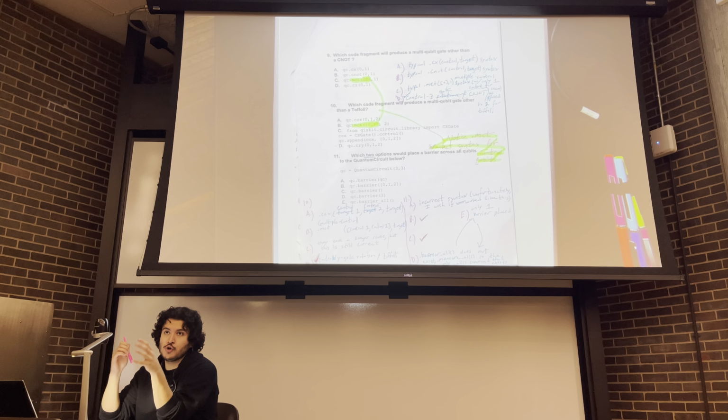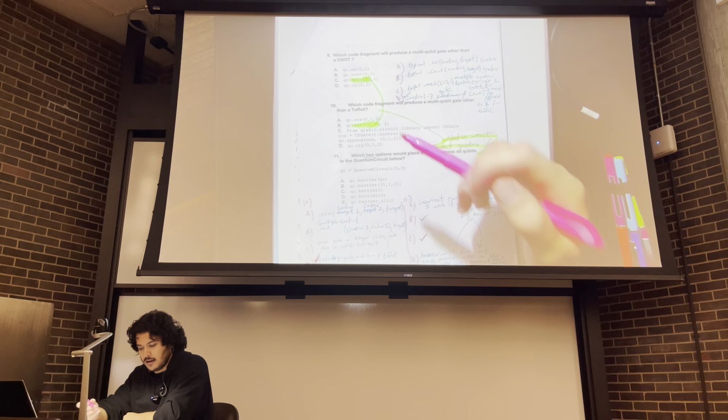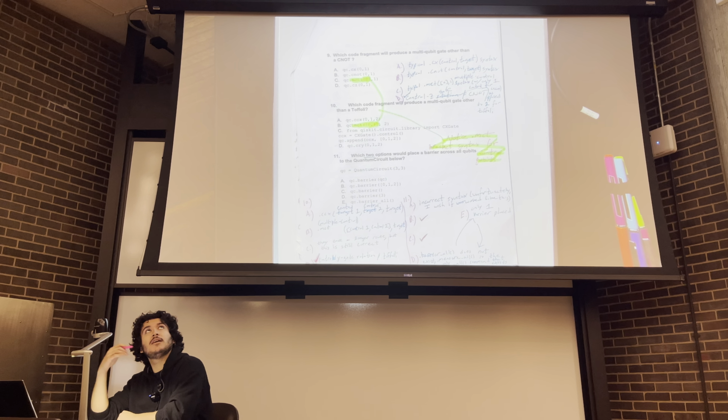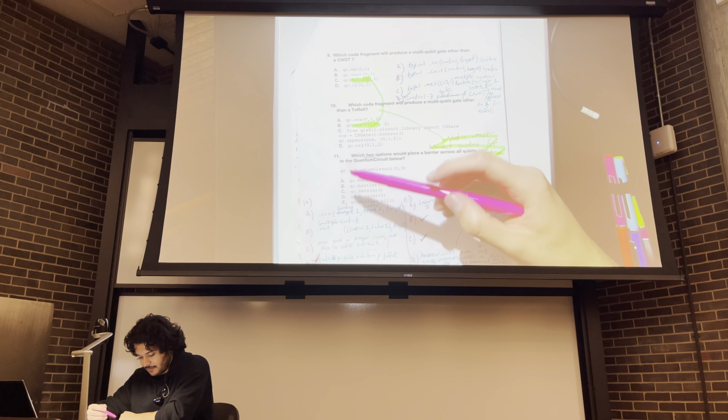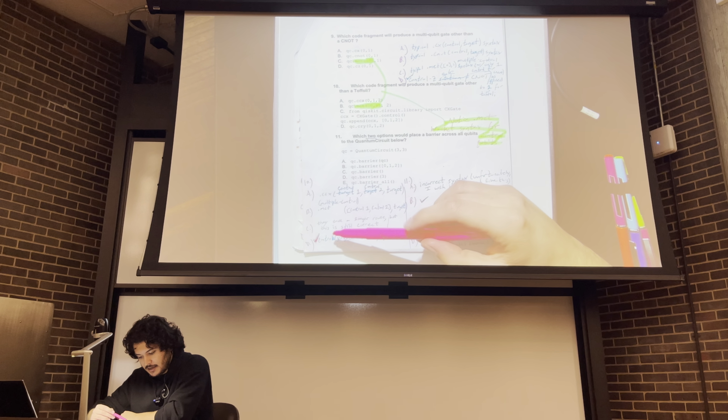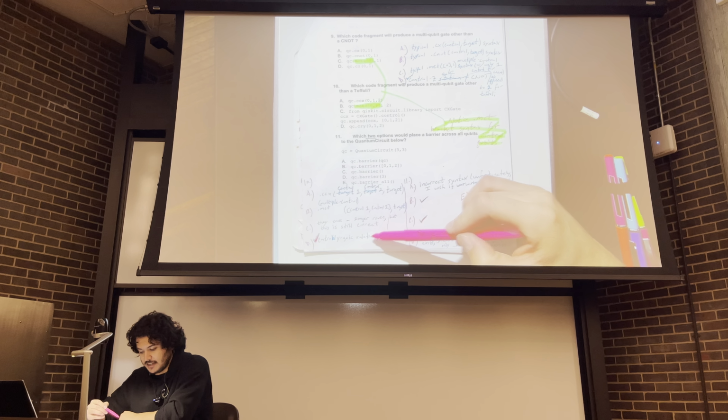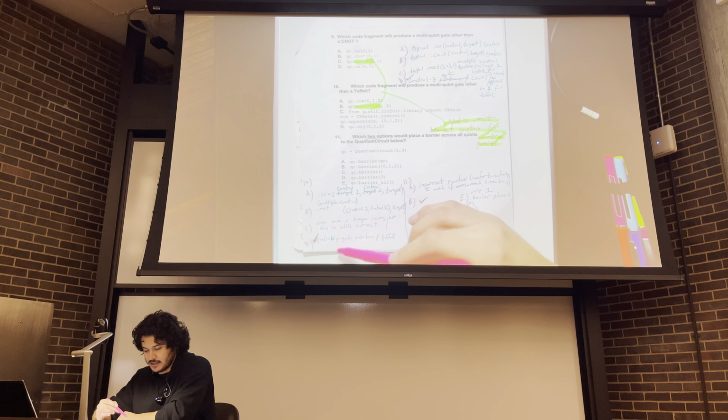A Toffoli gate is a 2-control CNOT gate. So you can call it a CNOT gate with 2 controls, or Toffoli. Toffoli is just a special name it's given. So a rotation on the y-axis of the Bloch sphere is not what we want. I'm guessing the rationale says something similar. D, controlled y-gate rotation is not equal to Toffoli. So yeah, that's what we just said.